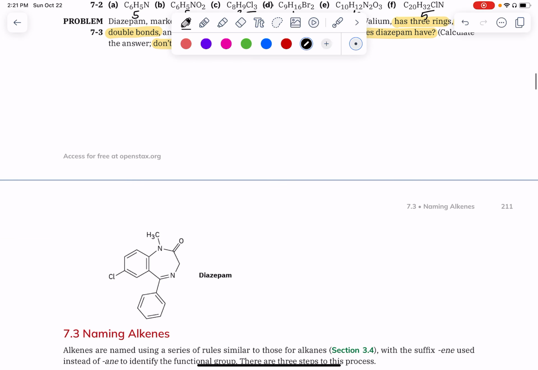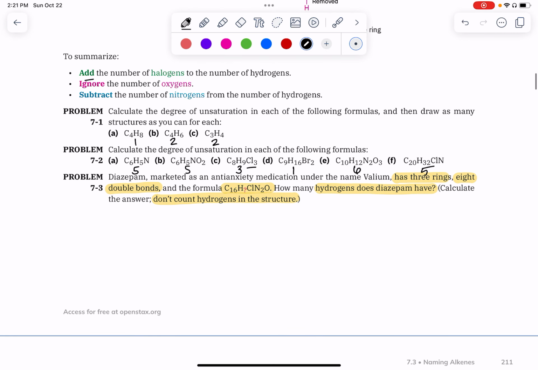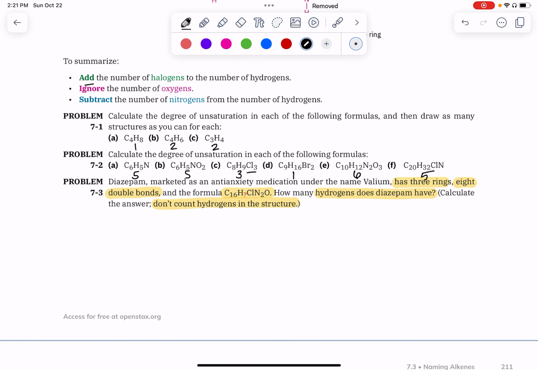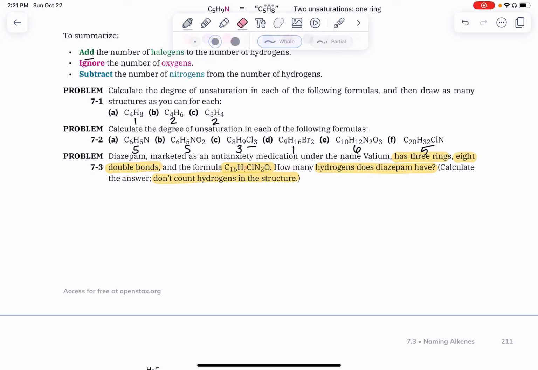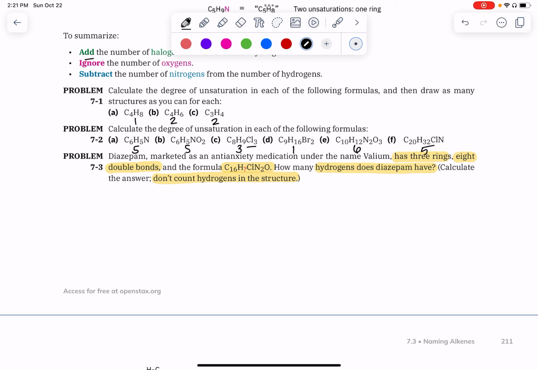They do give us the structure down here, but I'm really not going to use it much because I'm going to work backwards. So in the problems before, we used the formula to figure out the degrees of unsaturation. We had the number of hydrogens there, but now we're going to work backwards and fill in how many hydrogens we have based off of what our IHD is.